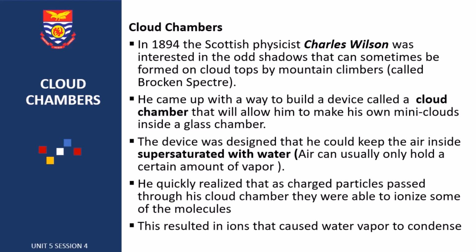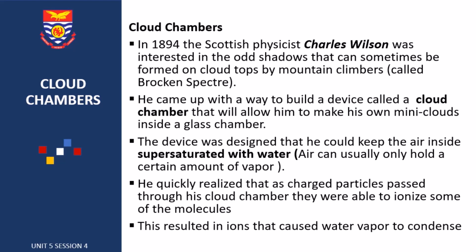The device was designed so that he could keep the air inside supersaturated with water. Supersaturated means that the air will be holding more vapor than it would normally hold at that particular pressure and temperature.